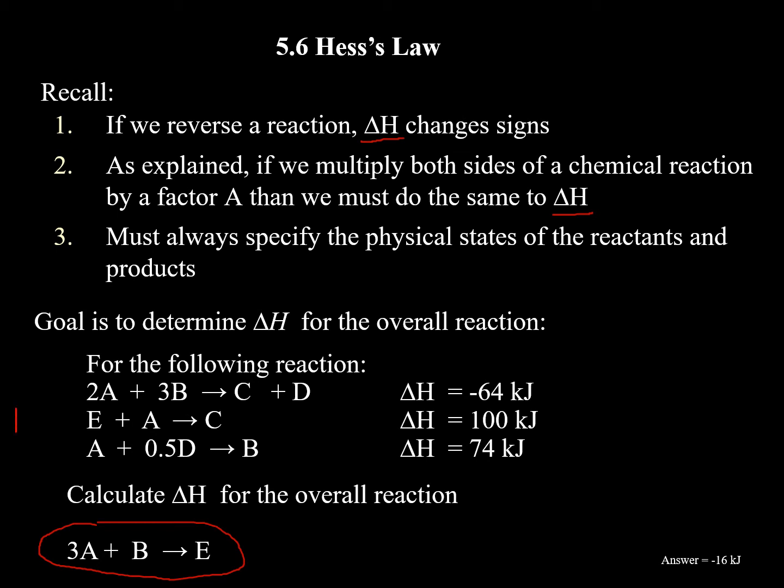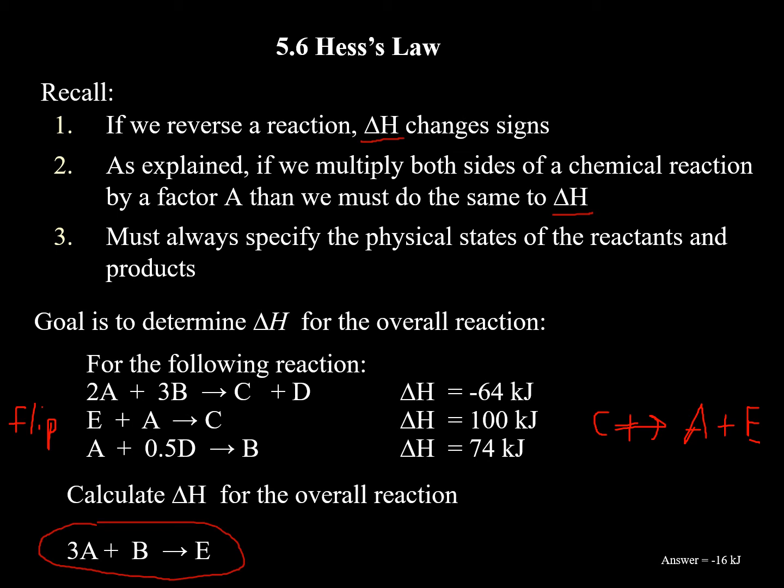So what we would do is we would flip E plus A gives C. So let's rewrite it out here. On the right side, C gives you A plus E. So now we have E on the product side.